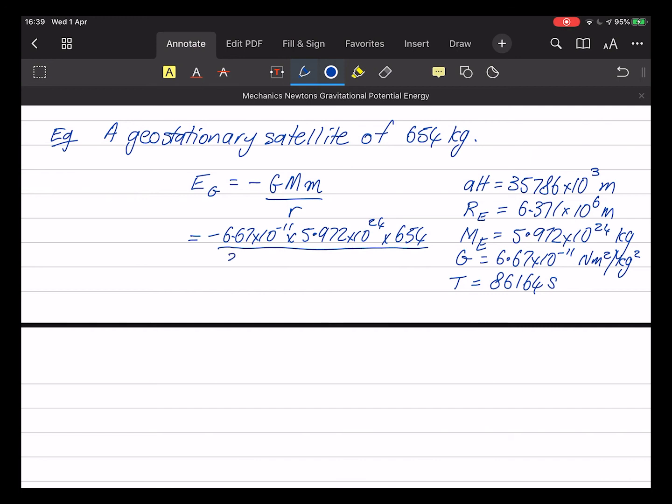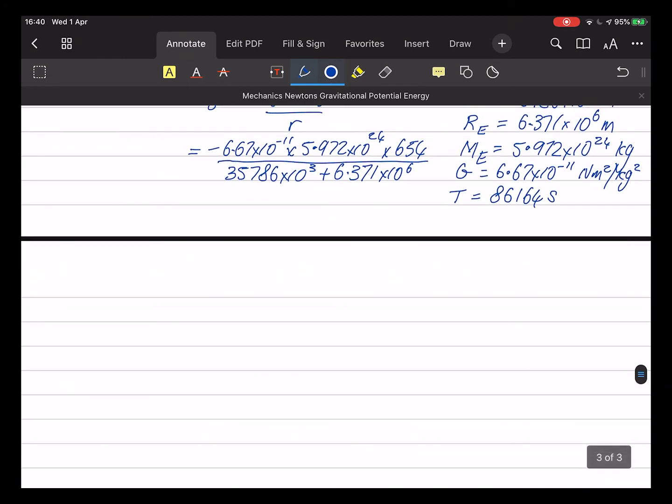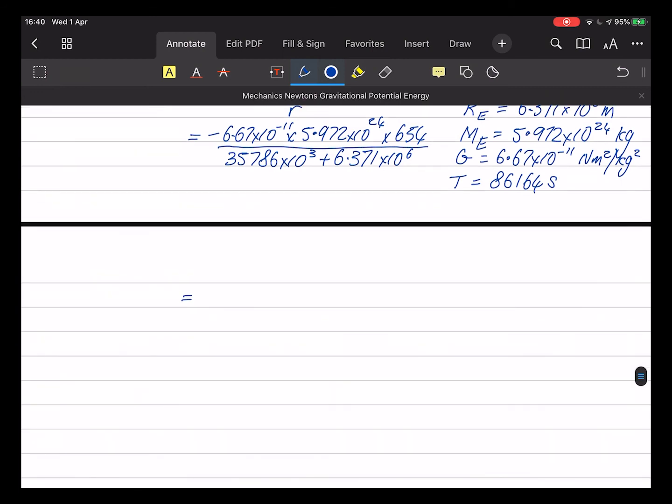Its altitude is 35,786 kilometers, and the surface of the Earth is 6.371 by 10 to the 6 from the center. And if I used my calculator correctly earlier, it's minus 6.18 by 10 to the 9 joules.